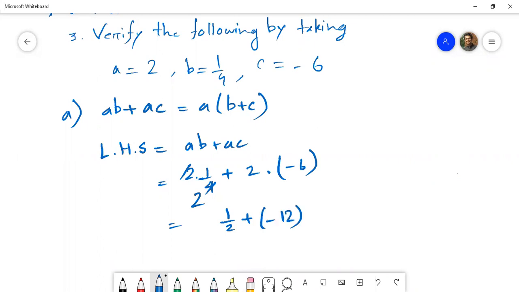If you do the LCM, you get 1 over 2 minus 24 over 2. Under 12 there is 1, you divide 2 by 1, you get 2, and you multiply 2 with 12, you get 24. So the answer is negative 23 by 2. This is the left-hand side.